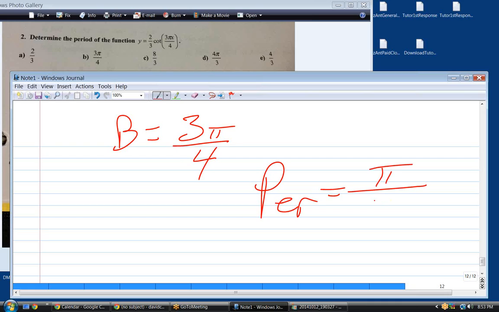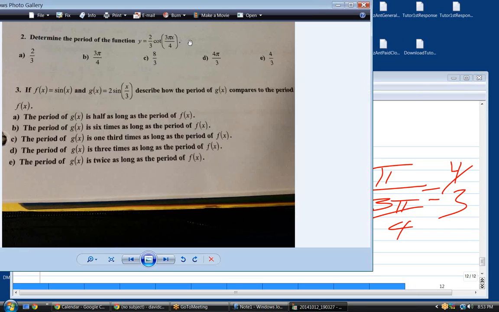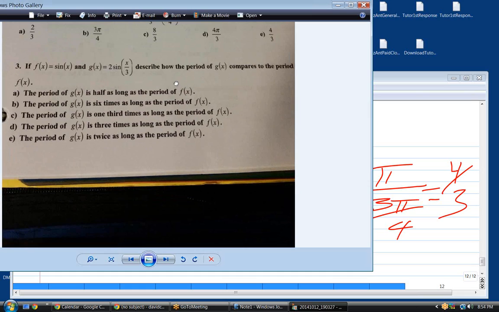Pi divided by 3 pi over 4, which is 4/3. It's pretty generally true that if B has a pi in it, then the period's going to be a number. And if B is a number, then the period is going to be in terms of pi. You know what I'm saying? Yeah. Okay.